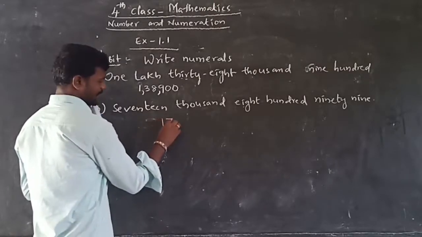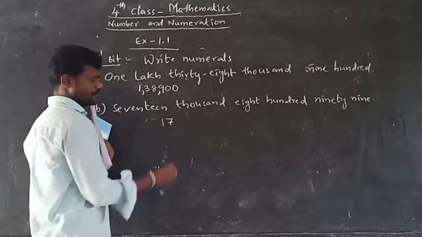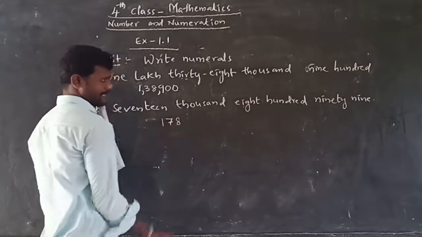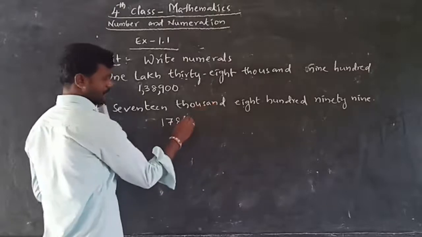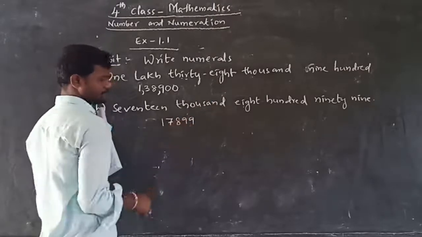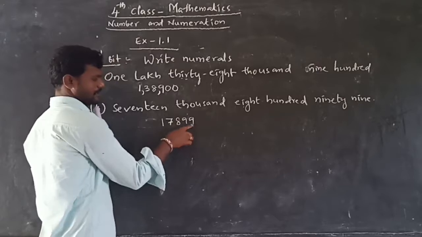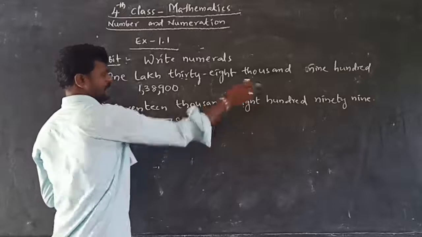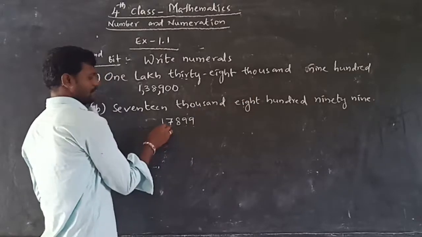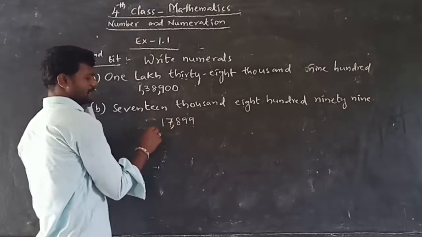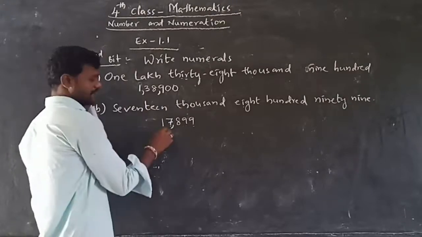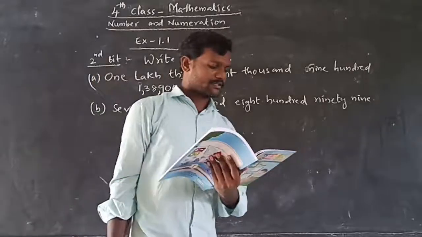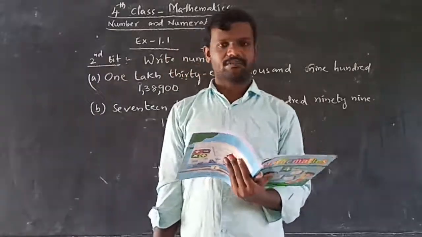That's why I write 17 in thousands place. Next, 8 hundreds. 8 is in hundreds place. 99. Ones place 9, tens place 9. So 99 and 8 is in hundreds place. 899 and 17. 17 is in thousands place. So it is 17,899. Same. Next one, 21,005.